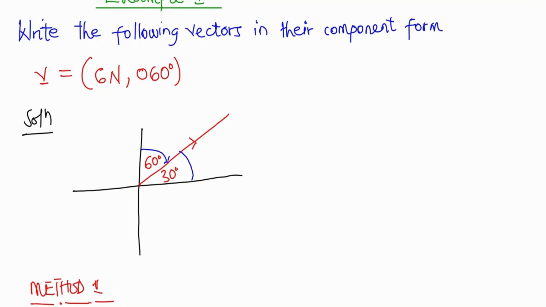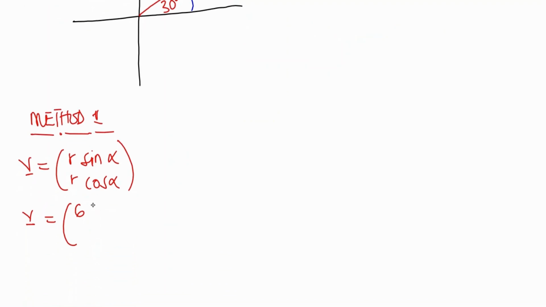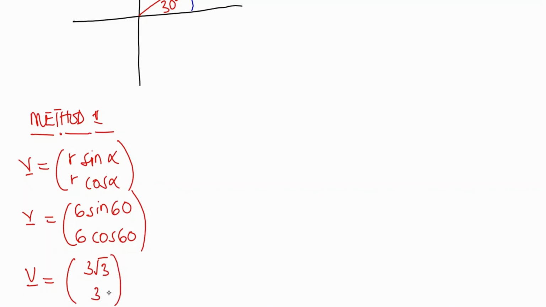That is 60, so you write 60 here. That is 6 sine of 60, and we repeat this for 6 cos of 60. Our component form for the vector now becomes: 6 sine 60 gives us 3 root 3, and 6 cos 60 gives us 3. So this is one of the ways that we can change the given vector to component form.